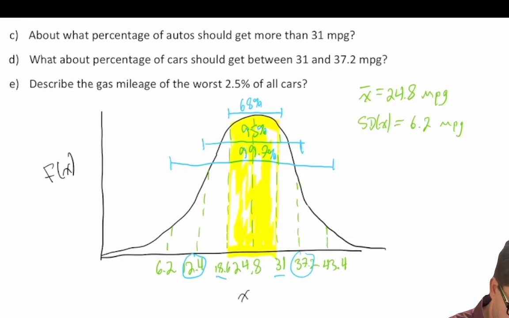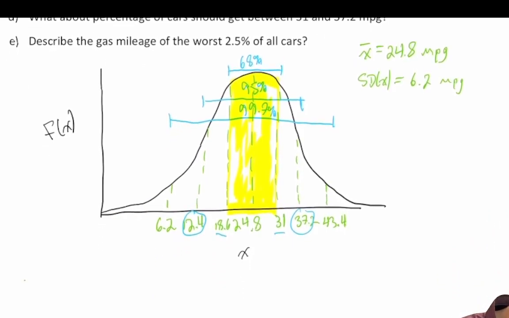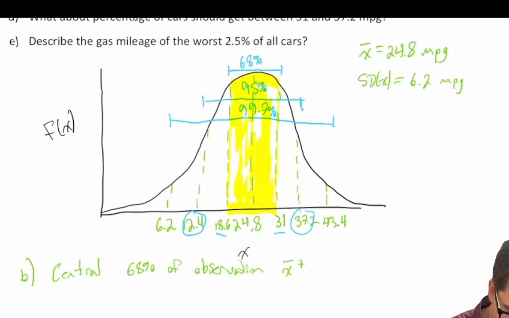So we can write that out. So we'll just say B. The central 68% of observations will be the mean plus or minus 1 standard deviation, which is equal to 18.6 and 31.